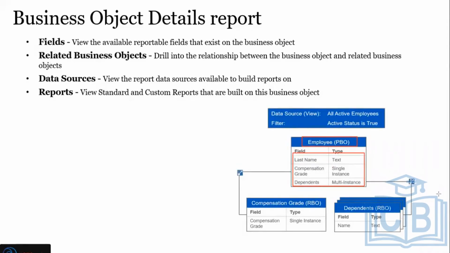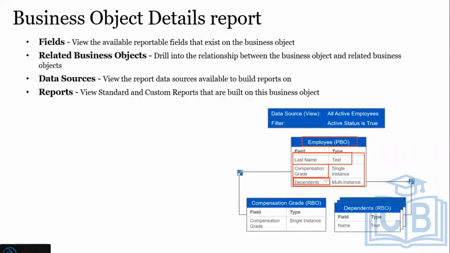In addition to this, we can also get data from the related business objects. If you see, out of all these fields or attributes, the last name identifies the worker details. And then I can also get compensation grade of the worker. And I can also get dependents of the worker.